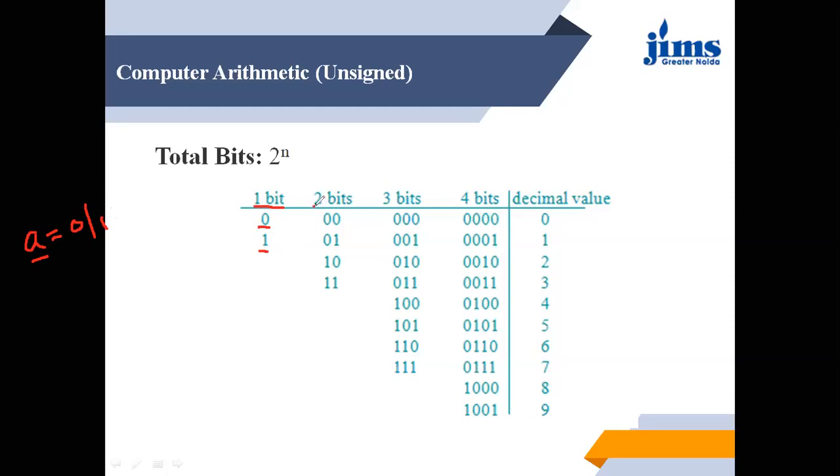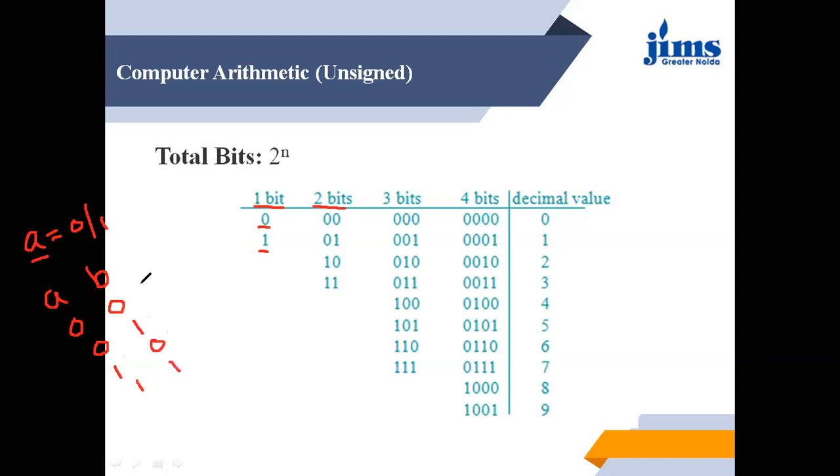When I have a 2-bit number, suppose I have A and B, then the different possible combinations are 0 0, where A and B are both 0; A is 0 and B is 1; A is 1 and B is 0; and A and B are both 1.